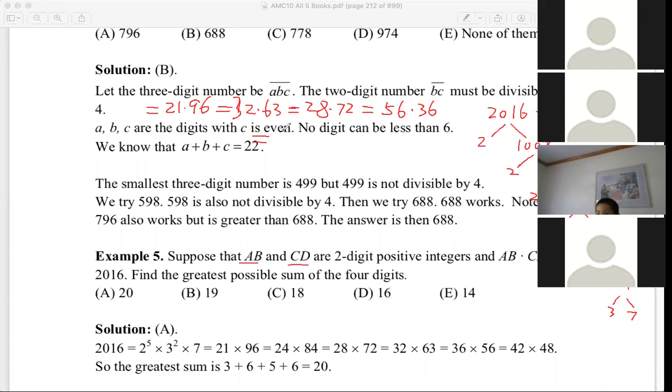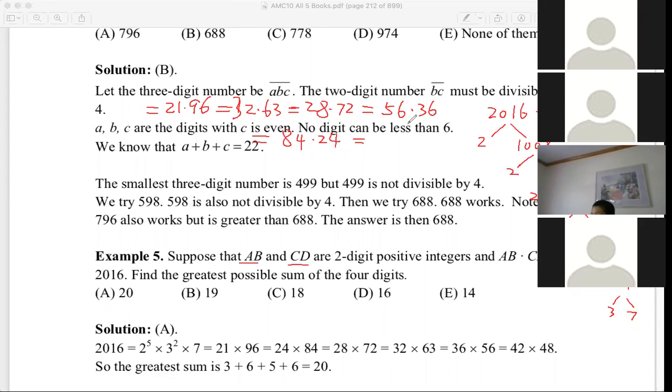So get 84 times 24, right? So what else? Let's see. I think all numbers probably is already here.